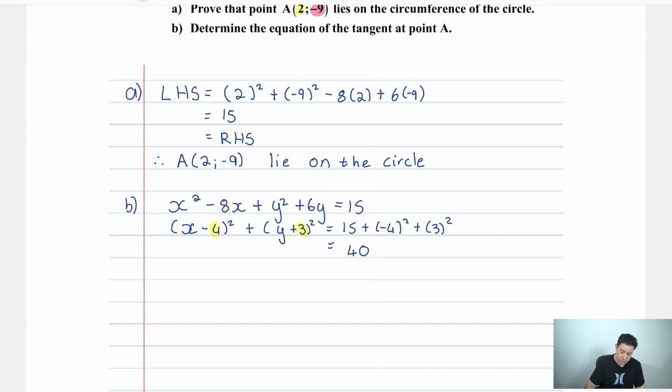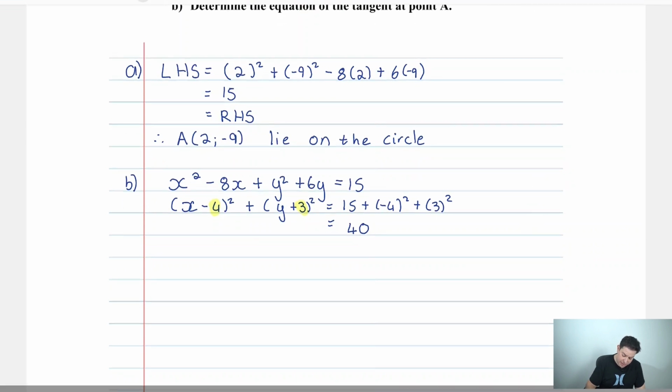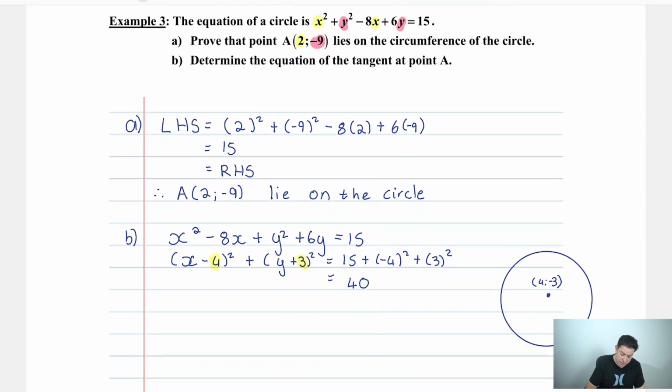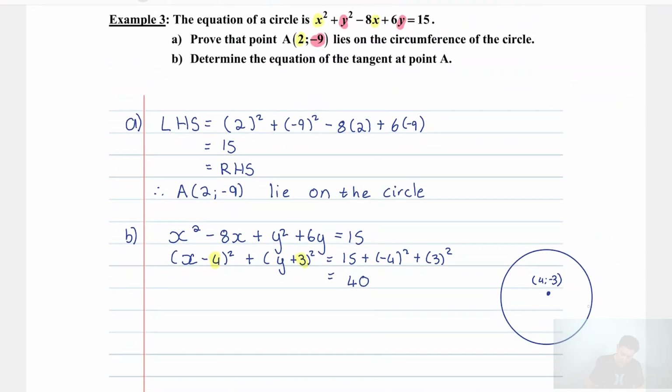Now, once again, always easiest to draw a picture. So let's quickly draw a circle. Our circle is centred at (4; -3), and point A is (2; -9). So point A is going to lie somewhere over here.